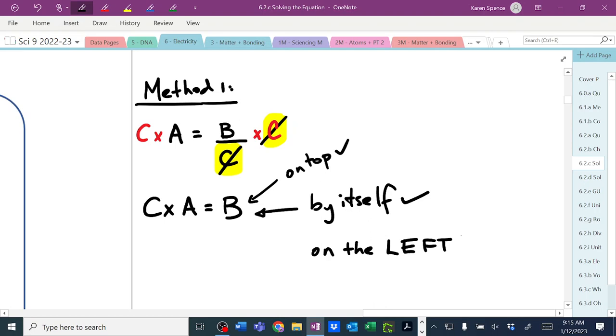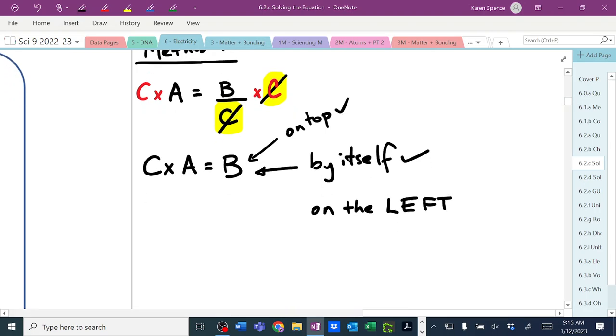Yes? So whatever's on the left can go on the right, whatever's on the right can go on the left, as long as you move everything all at once. So you can just flip this. You can say, I'm going to take this and move it over here, and I'm going to take that and move it over there. So now I have B is equal to C times A.